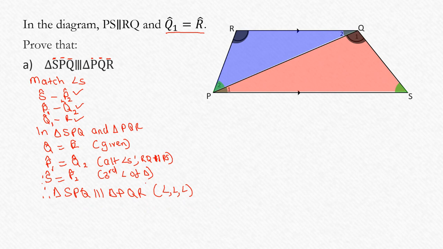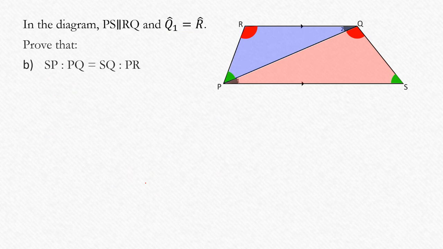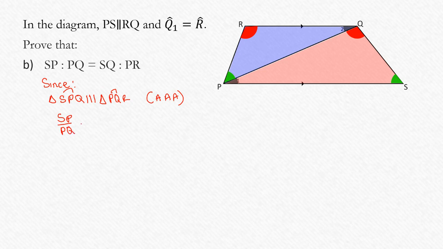Let's go to the next question, B. Now that we've proved triangle SPQ is similar to triangle PQR, we're going to use that to prove B. Since triangle SPQ is similar to triangle PQR, with the reason angle, angle, angle, we can say SP over PQ is equal to PQ over QR is equal to SQ over PR.